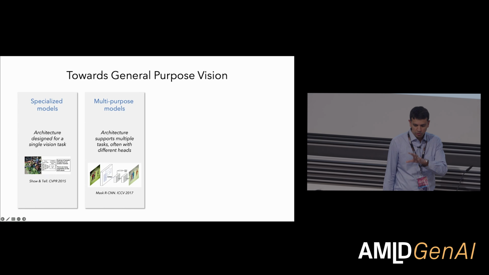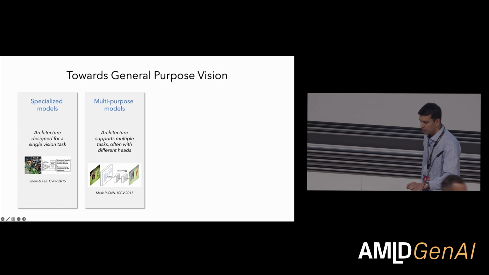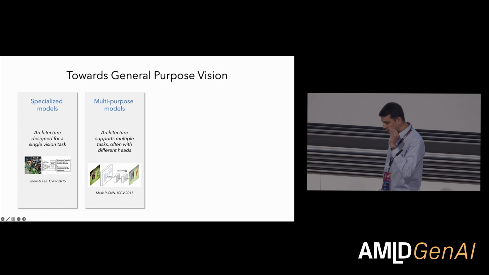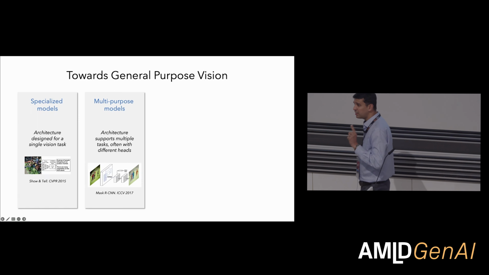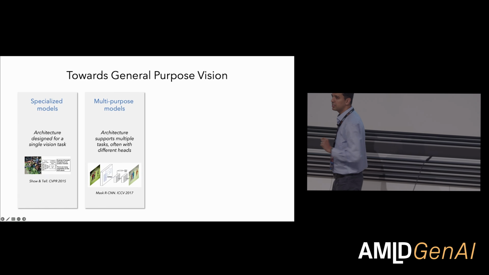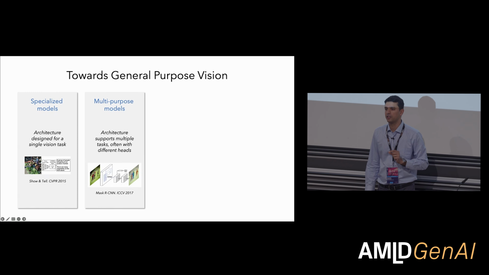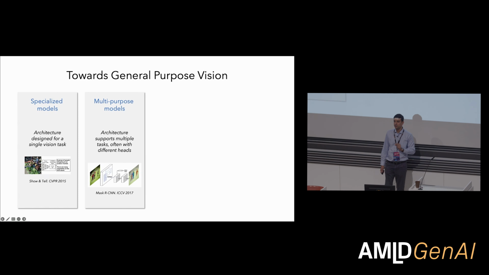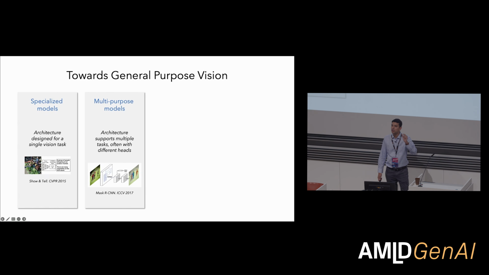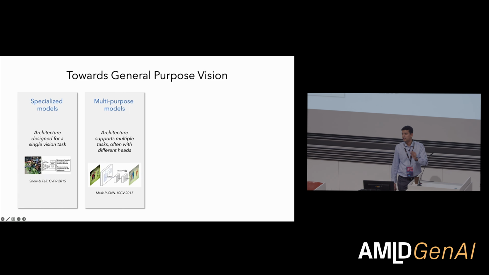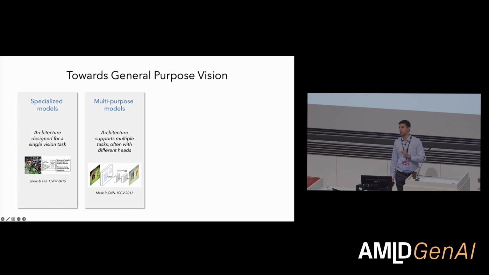There's one common thing in both of these types of models. Firstly, they're designed for very few tasks, but importantly, every time you want to take any of these models and extend their capability to a new task, you must introduce, let's say, a new task head or new deconv layers or a new linear layer. Essentially, add new parameters to the model.